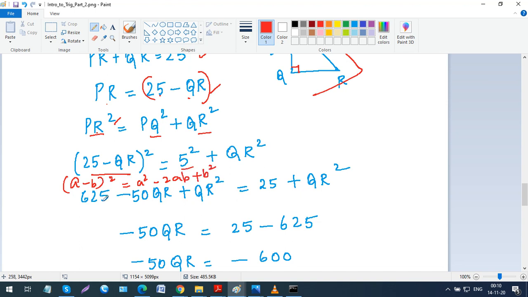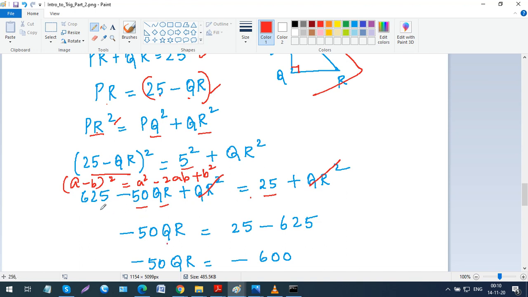So that gives A square, which is 25 square, 625, minus 2 into 25, so 50 QR, plus QR square, equals 5 square, which is 25, plus QR square on this side also. Now both sides have QR square, so you can cancel them and you get minus 50 QR.